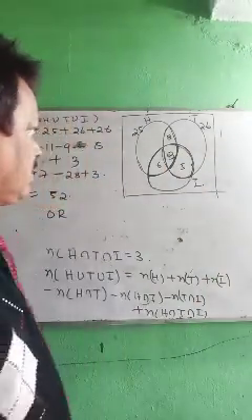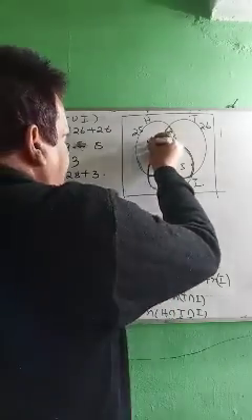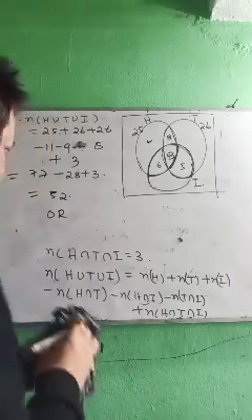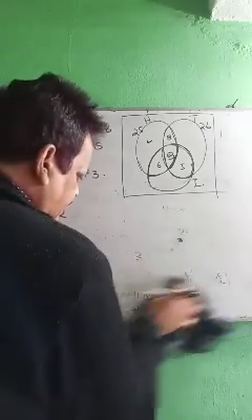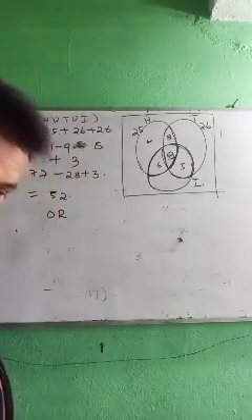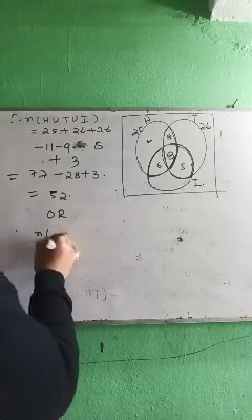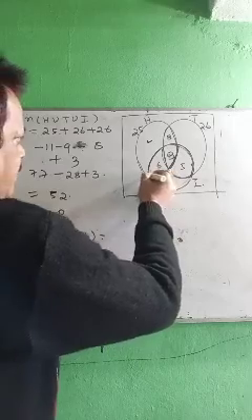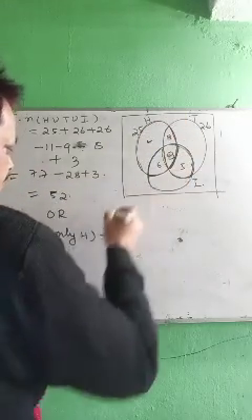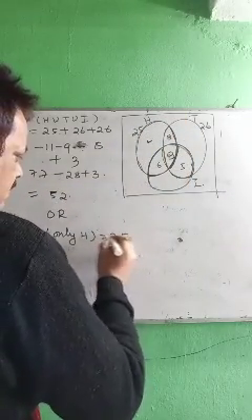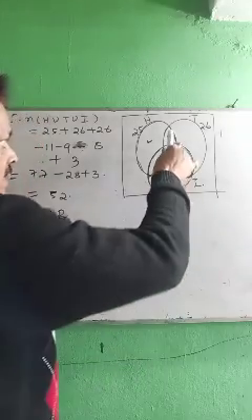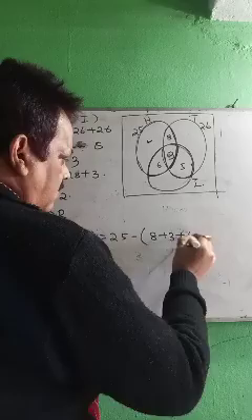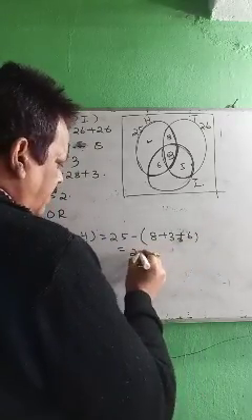Now come back to only H. What will be only H? Only H means from the total 25 you subtract 8 plus 3 plus 6.